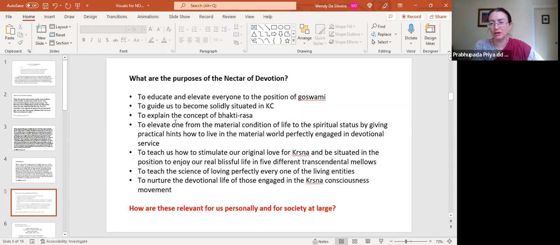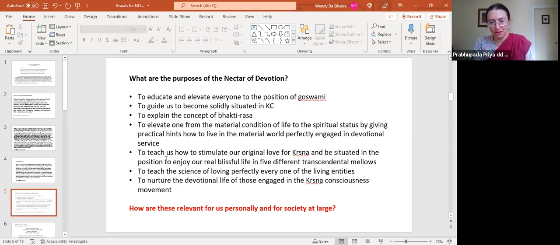So we should open up just like a baby bird opens its mouth wide to be fed by the mother so that it can be nourished. We should also open our ears and open our minds and hearts widely in order to drink this nectar, this amrita, this nectar of devotion.